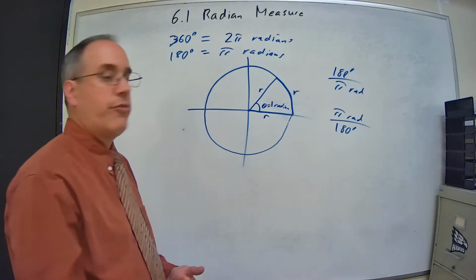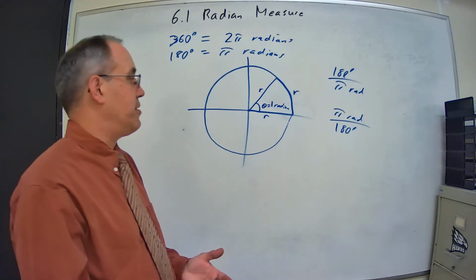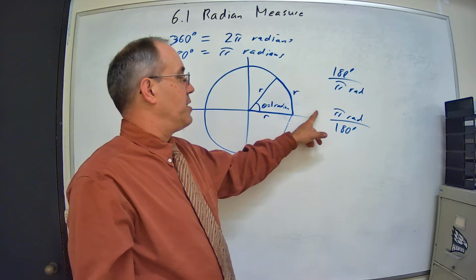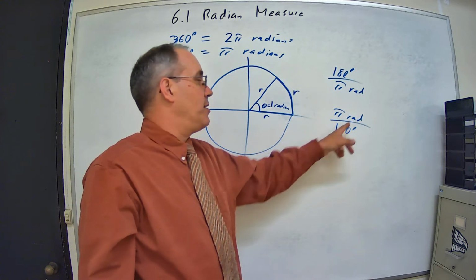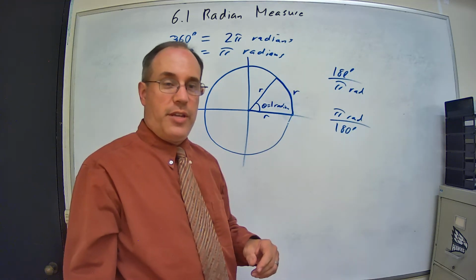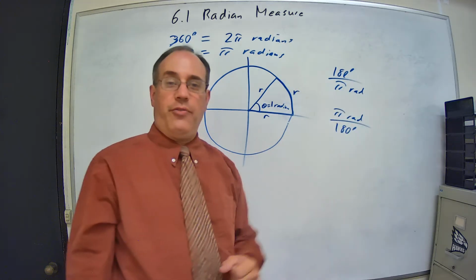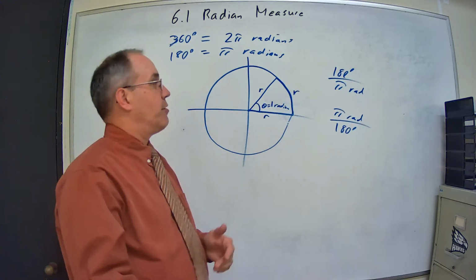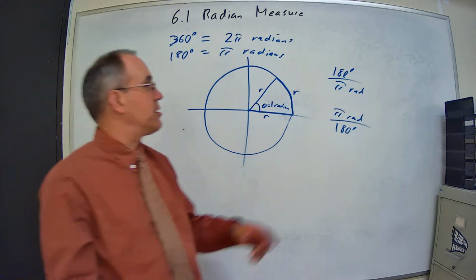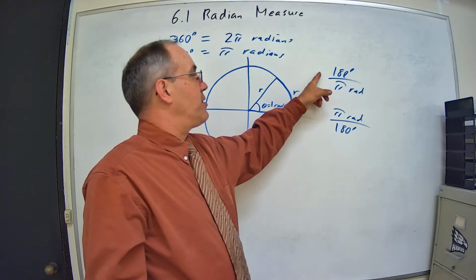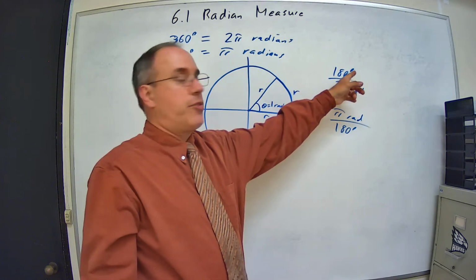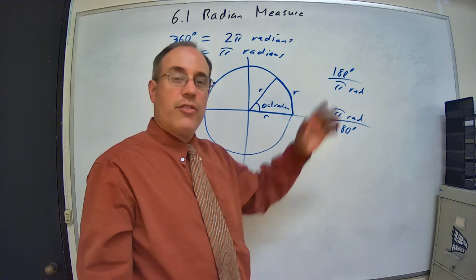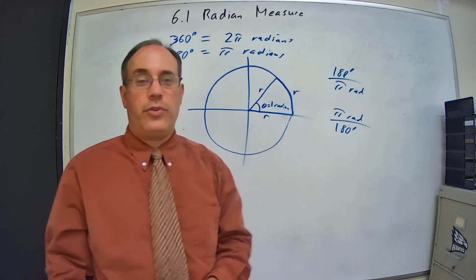If I want to convert from degrees to radians, degrees multiplied by pi radians over 180 degrees, the degrees cancel out and you're left with radians. If I want to convert from radians to degrees, however many radians multiplied by 180 degrees over pi radians, the radians cancel out and I'm left with degrees.